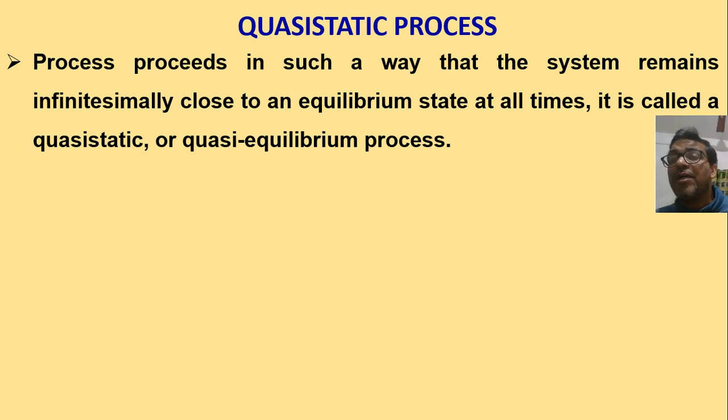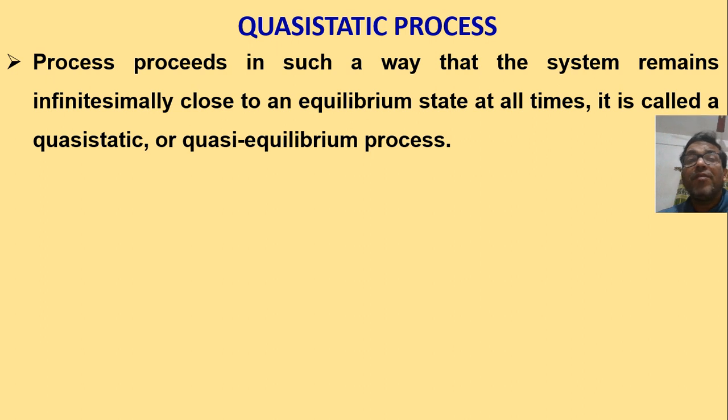So what do you mean by equilibrium state? Equilibrium means the state of the system is not changing, and that is called the equilibrium state. It is a very ideal concept, because it is not really possible, right?